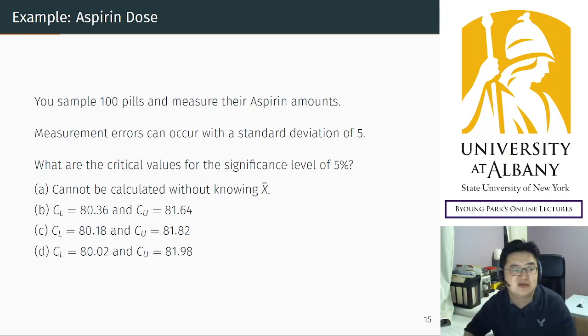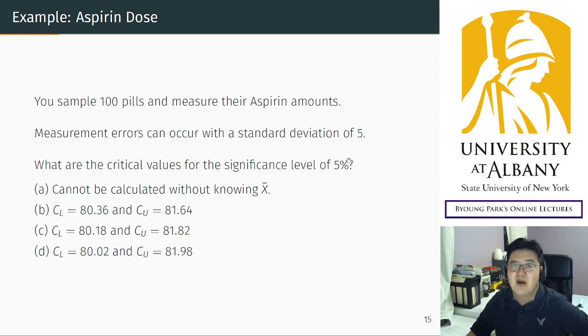It's fake numbers, so it's not based on any medical facts, so do not take it too seriously medically. Anyhow, standard deviation is 5, and we are going to set the significance level at 5%.